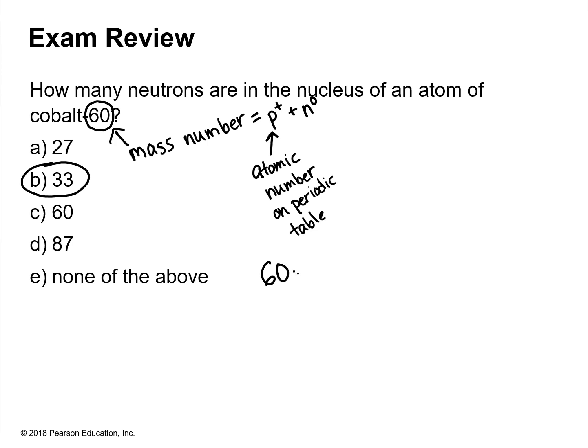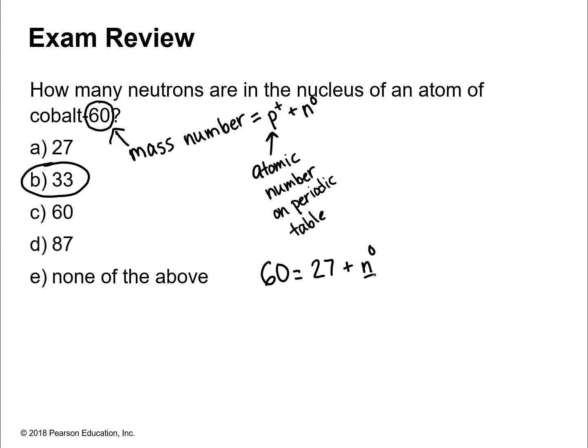So your mass number is 60. The number of protons is 27. And the question is asking you about the number of neutrons. So if you subtract 27 from 60, you should get 33. So those of you who participated got it right.